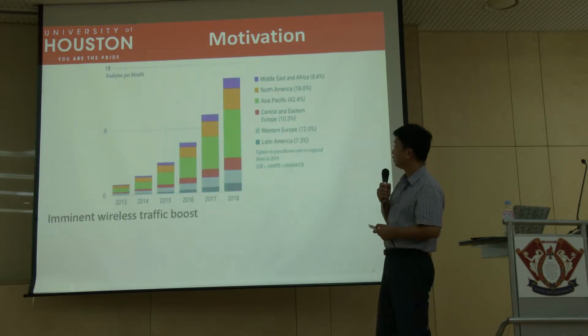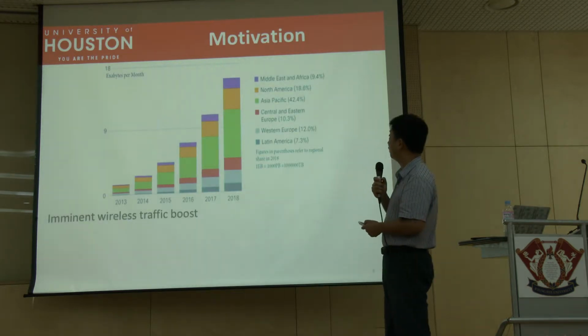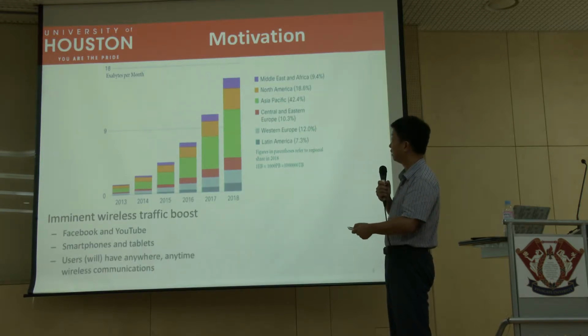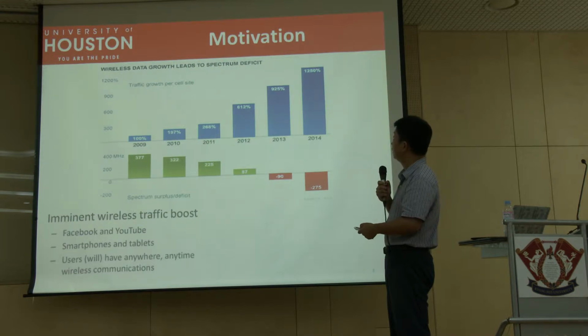First, about the motivation: traffic is going up exponentially, and there are different kinds of Facebook, YouTube, smartphone, tablet, and users will have access anywhere, any places. On the other hand, this is the demand.